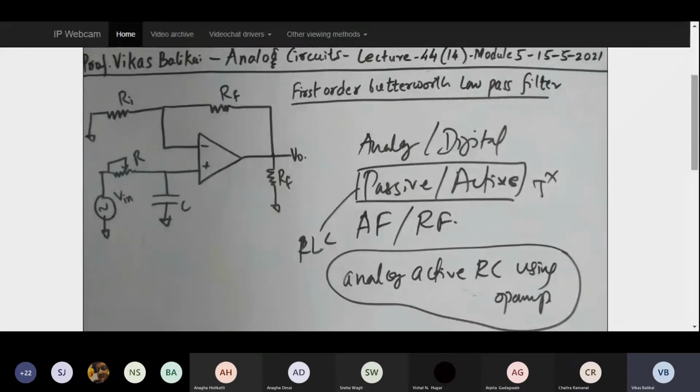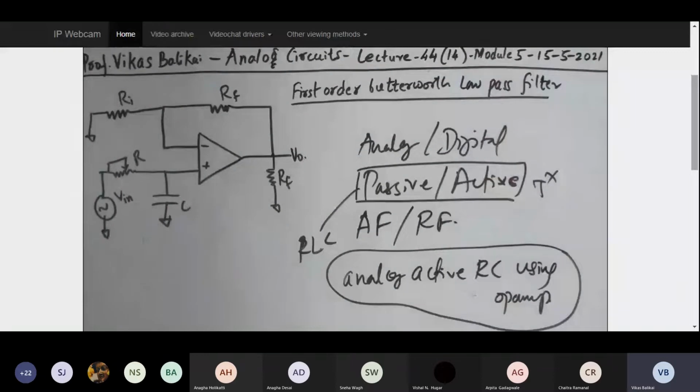Now, there are typically some advantages of active filters over passive filters. Right now, I'll just name them, and later on we can have a clear-cut comparison. One is the gain and frequency adjustment flexibility, which active filters provide and is typically not found in passive filters.